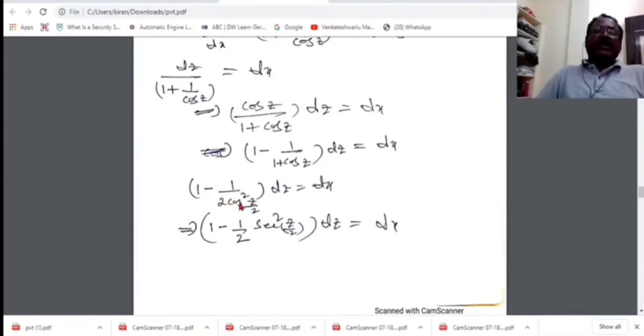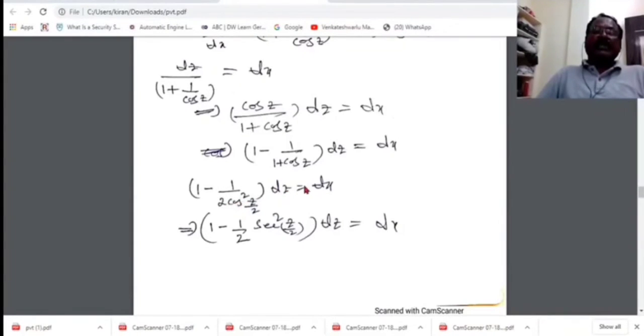Here 1 plus cos z is 2 cos square z by 2.